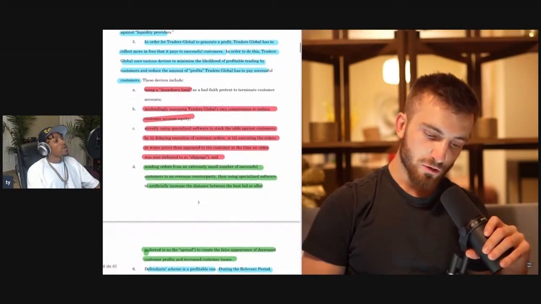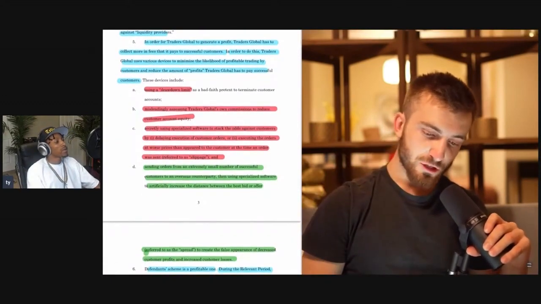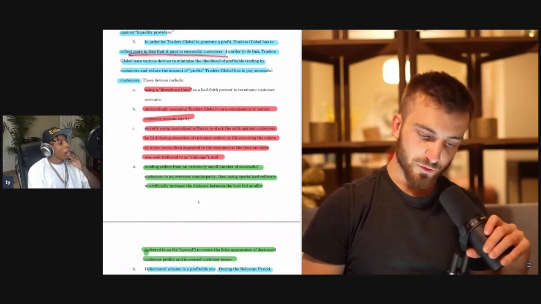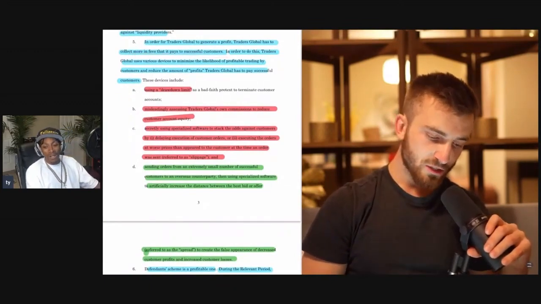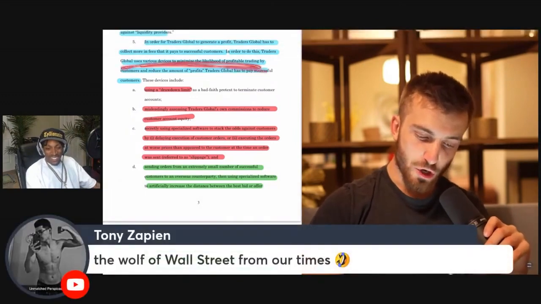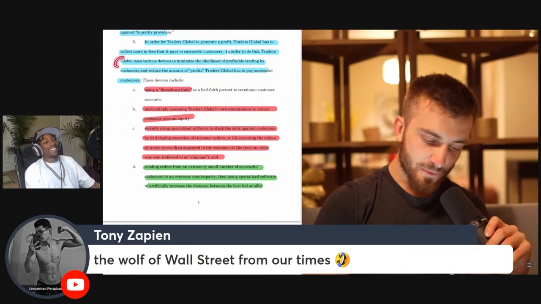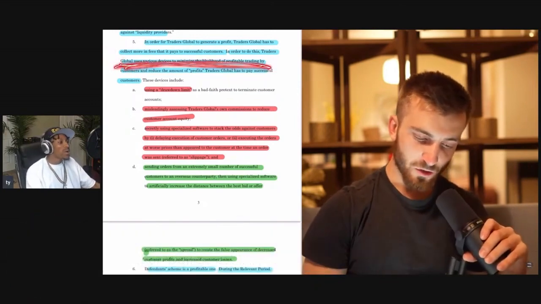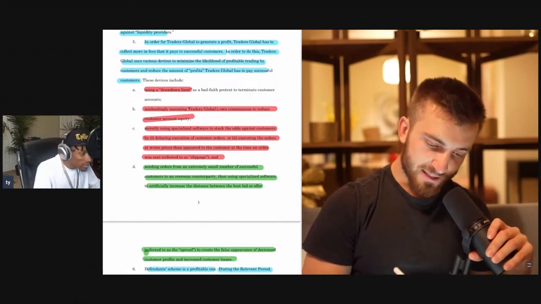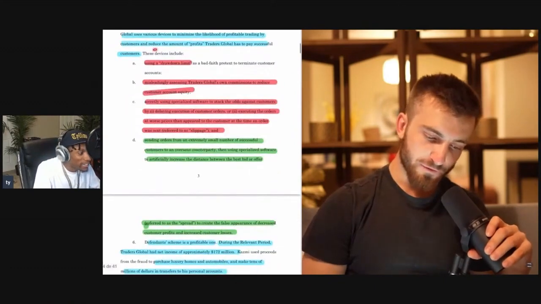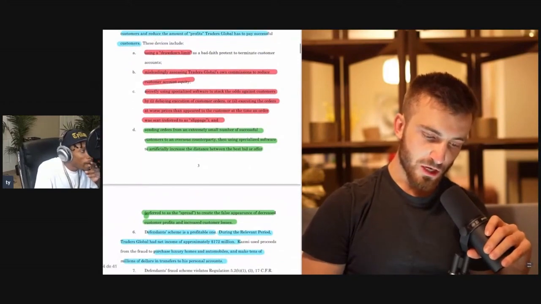In order for Traders Global Group to generate profit, Traders Global has to collect more in fees than it pays to its successful traders. In order to do this, traders have to use various devices to minimize the likelihood of profitable trading, and this is one of the things that they have some crazy evidence on. They said the devices reduce the amount of profits they got to pay to successful traders.